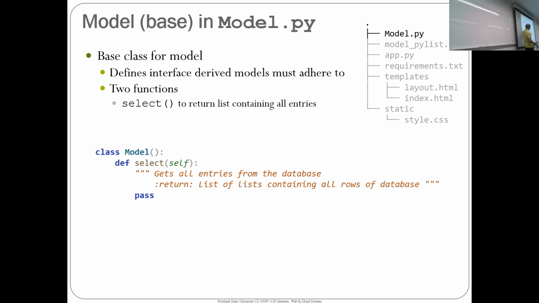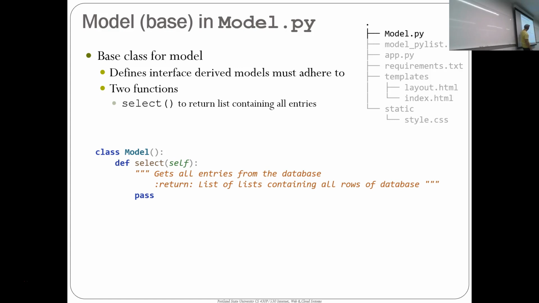So it's just saying, hey, select takes no parameters, and right now I want to return a list of lists containing all the rows of the database. This is my contract to the model base class. Anytime I call select, I should get a list of lists that contain all the entries. I could have specified a list of dictionaries. I could have specified any other kind of way to get the data back from the model. In this case, my base contract says this is the contract for all the bases.